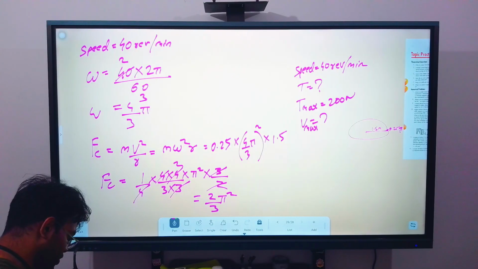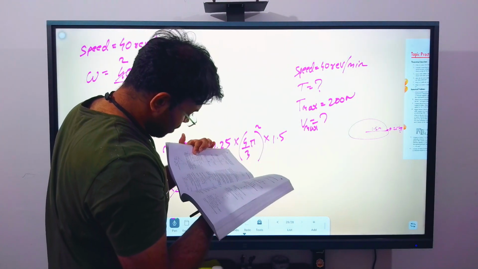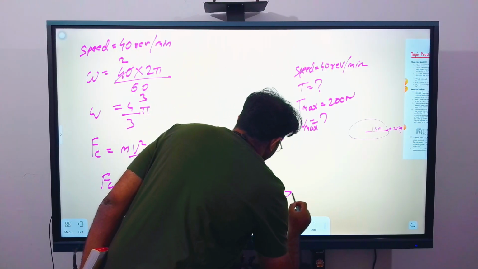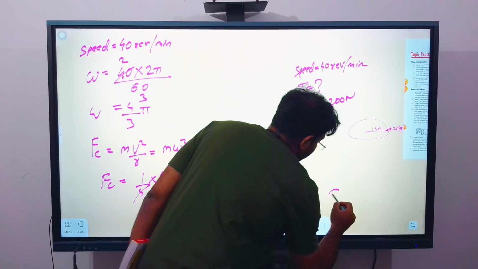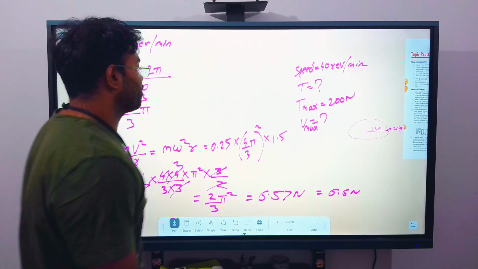2 divided by 3 multiplied by pi squared is 6.57. This is correct. Yeah, 6.57 newtons. In the book, they have given it as 6.6 newtons by rounding it up.